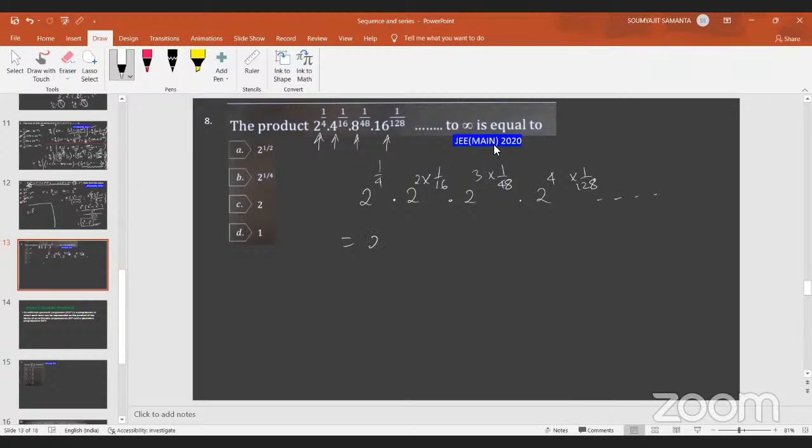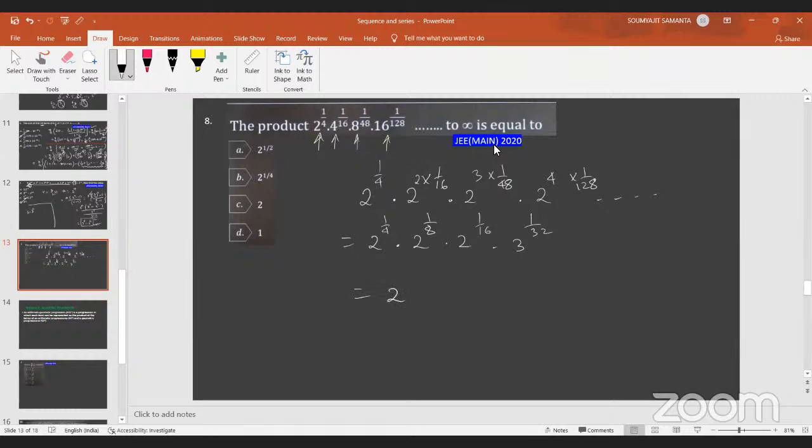So the first term is becoming 2 to the power 1 by 4. The second term is becoming 2 to the power 1 by 8. And the third term is becoming 2 to the power 1 by 16. And then the next term is becoming 2 to the power 1 by 32.